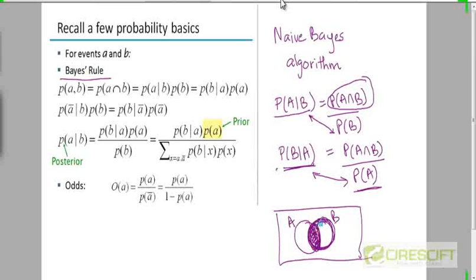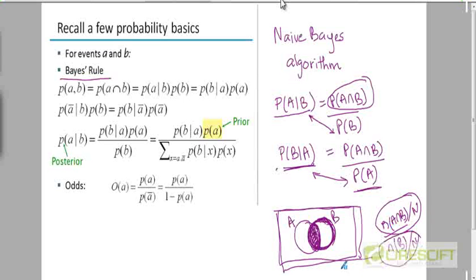Okay, and the probability of an event happening in this particular set is nothing but the size of this set divided by the total size of the set B. The size of this set is the number of elements in A intersection B, and the size of the set B is the number of elements in B. And you can easily convert these numbers into probabilities, because the number of elements in A intersection B divided by the number of elements in B is nothing but, if you divide both the numerator and denominator by the total number of elements in this particular universe, this becomes the probability of A intersection B, this becomes the probability of B. So I hope everybody understands this formula, because this formula is really at the core of the naive Bayes algorithm.